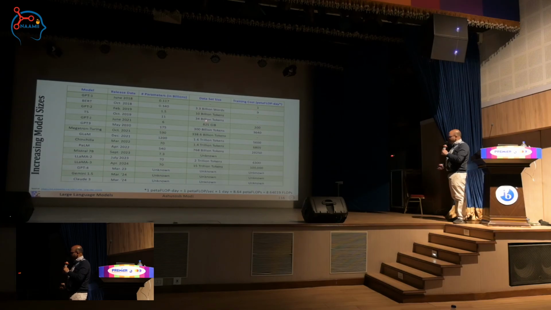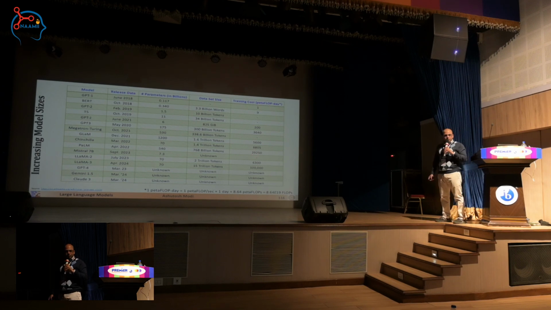As the model size is growing, the number of petaflops per day required is growing like crazy. For example, the PaLM model, which is 540 billion parameters, is almost 30,000 petaflop per day. That's huge, right? So obviously fine tuning will not work.